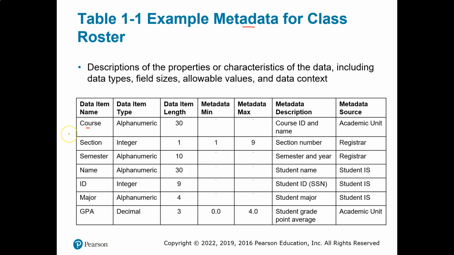We'll talk about tables later. What data type is the course entity? An entity is a field name. Well, alphanumeric, meaning it can include text and numbers. Okay. Also special characters. How long, right? What is the column width?